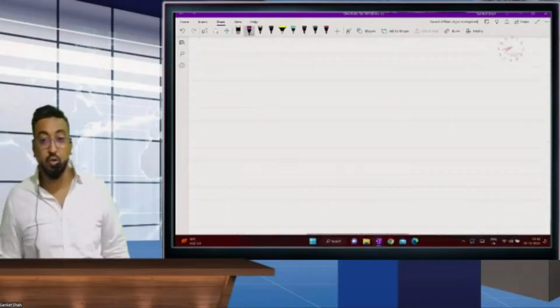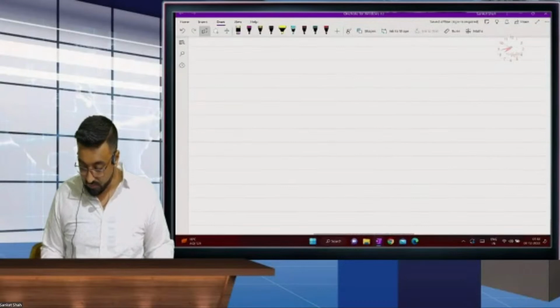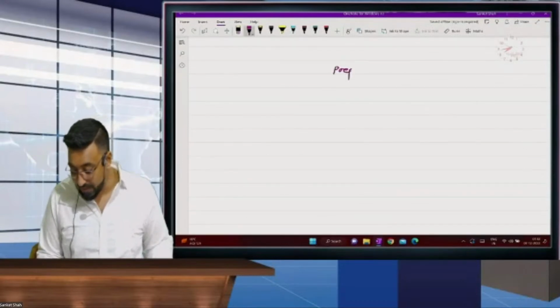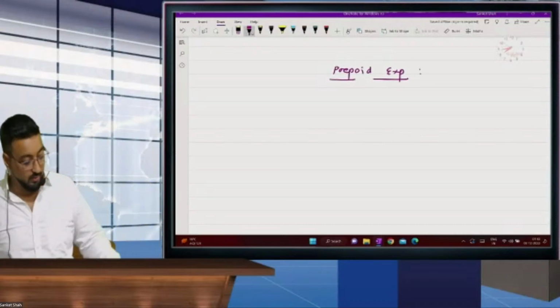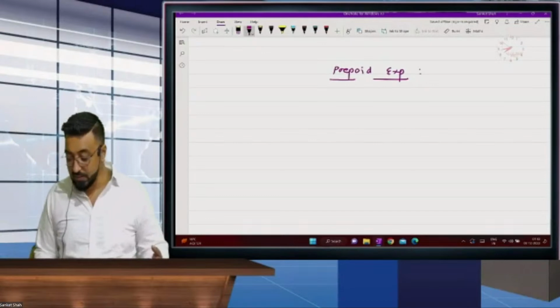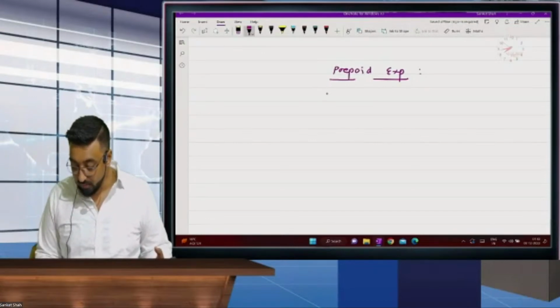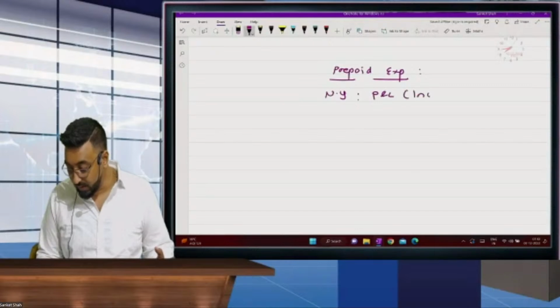Now we are going to understand the concept of prepaid expenses. These basics are very, very important. Prepaid expense means what? Next year P&L incurred, you paid it in current year payment.